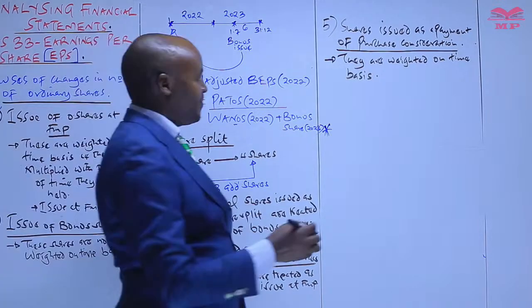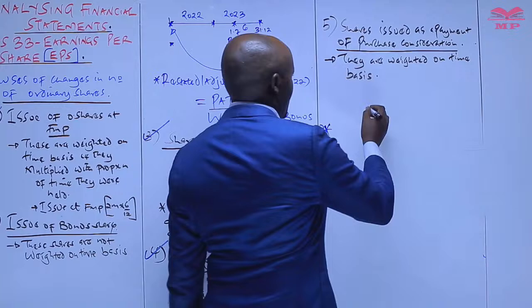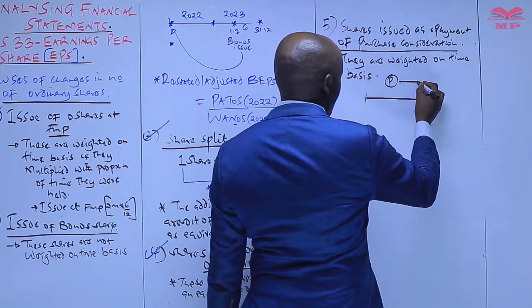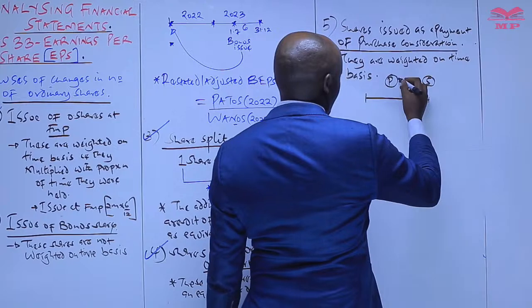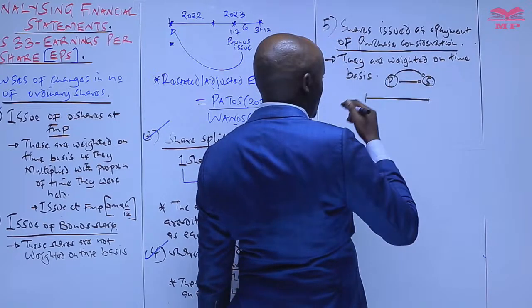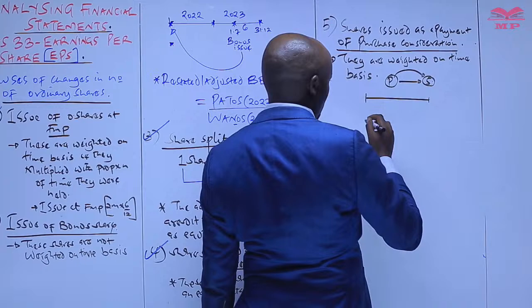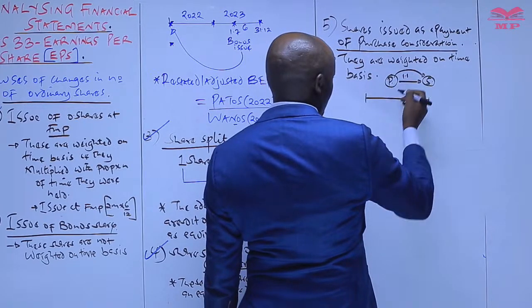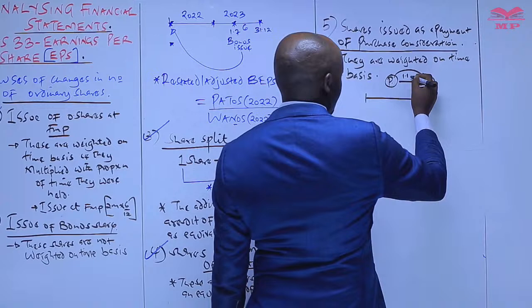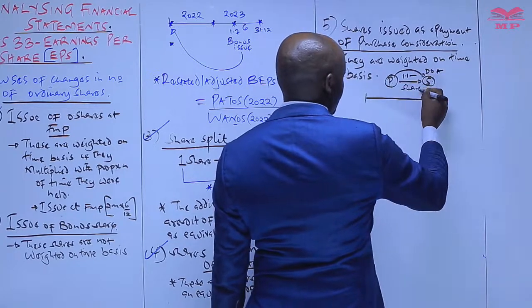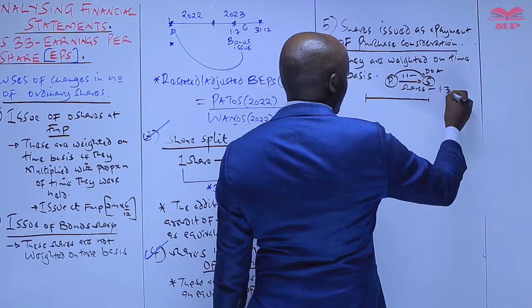For instance, if a parent company acquires a subsidiary, the parent company can pay the purchase consideration on acquiring this particular subsidiary through issuing its own shares. So we assume that the parent company acquired the subsidiary on 1st of January. That is the date of acquisition, which is abbreviated as DOA. But the shares which were to be issued to pay the purchase consideration may have been issued on 1st of March.